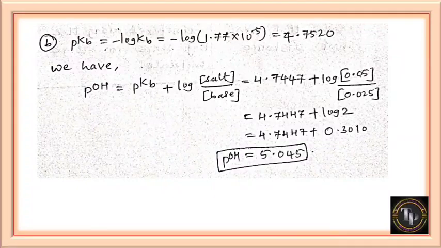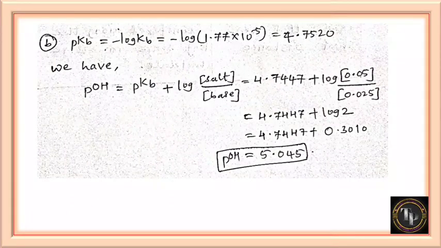Problem: pKb is minus log Kb, minus log 1.77 into 10 power minus 5. So Kb is given to us. Using Kb you can calculate pKb. The value is 4.752. We have pOH is equal to pKb plus log of salt divided by base, the Henderson-Hasselbalch equation. 4.752 plus log of salt, which means NH4Cl, value is given 0.05.